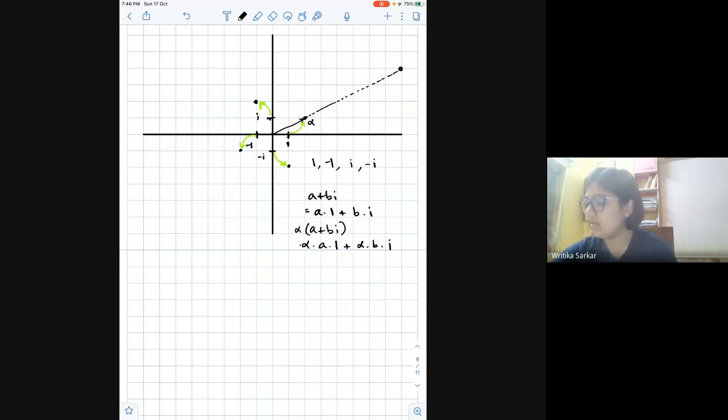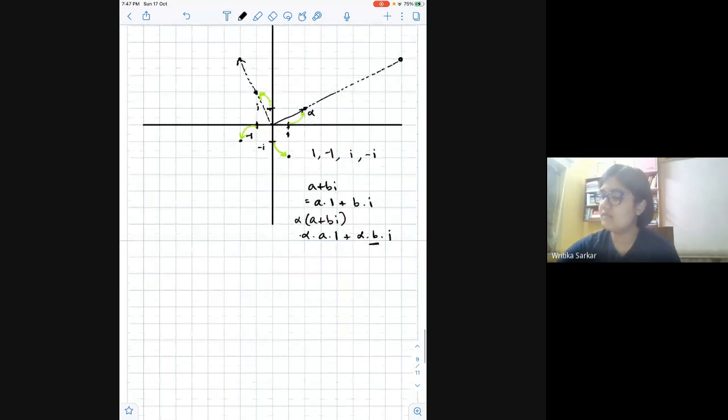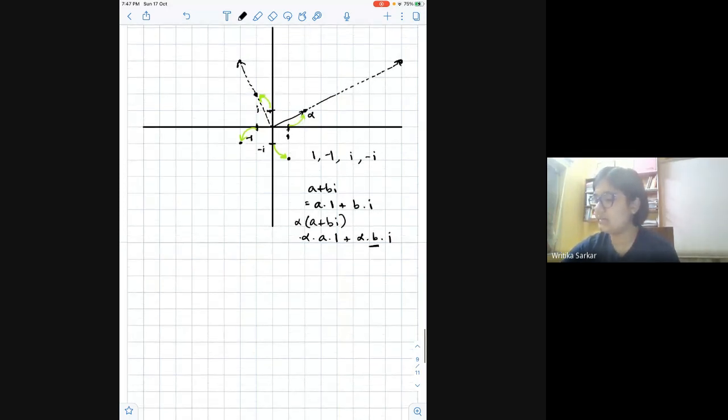And then you take the image of i, you stretch the image of i under multiplication by alpha, and you stretch that by b. Let's say b is something like this, right? And the net thing that you want is the sum of these two vectors after all, right?